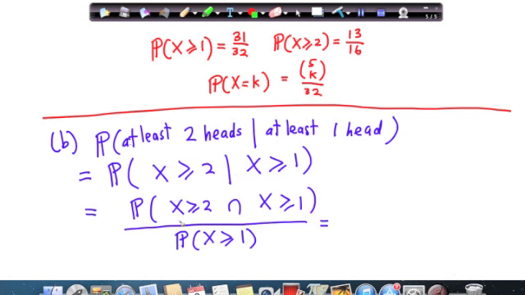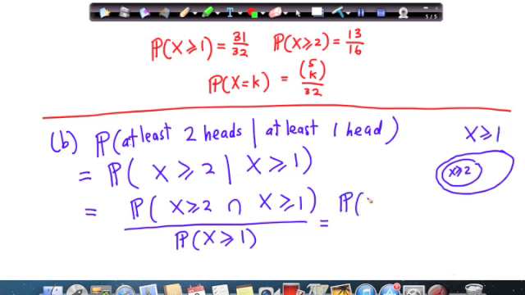Again, what is the intersection of x at least 2 and x at least 1? Notice that the event x at least 2 implies the event x at least 1. In other words, the event x being at least 2 is a subset of the event for x at least 1. So we have the probability of x at least 2 divided by the probability of x at least 1, because the intersection of these two sets is just the set x at least 2 itself.